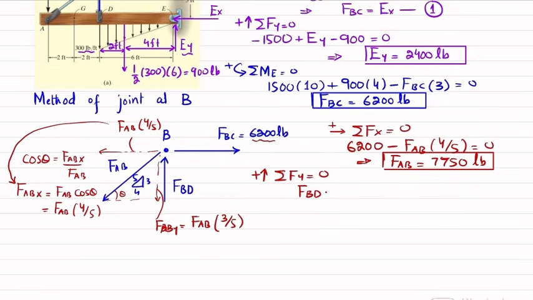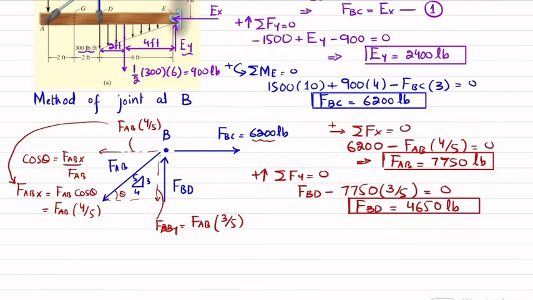So I will write FBD minus FAB, where FAB is 7750, times 3 over 5, equal to 0. Now when you calculate this, FBD will be equal to 4650 pounds.